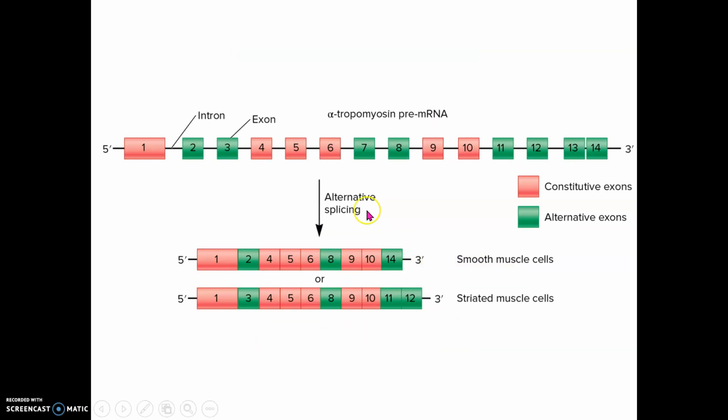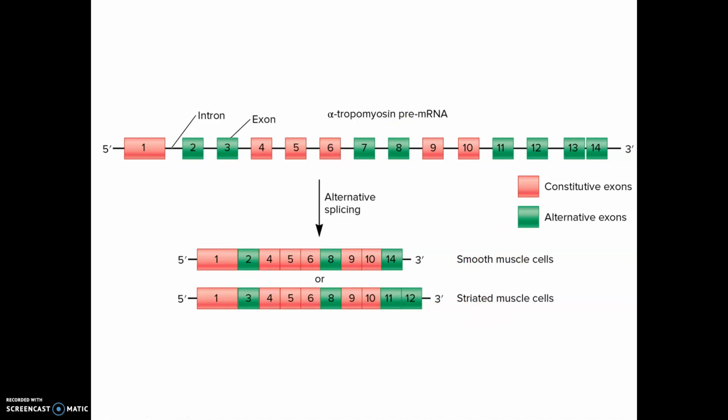So if we look at it in a different way, this red here represents constitutive exons. These are ones that are going to always be there. The green are the alternative ones. So they could be in or out depending on what we're talking about. So here we have alpha tropomyosin. And this is going to exist differently in smooth versus striated muscle cells.